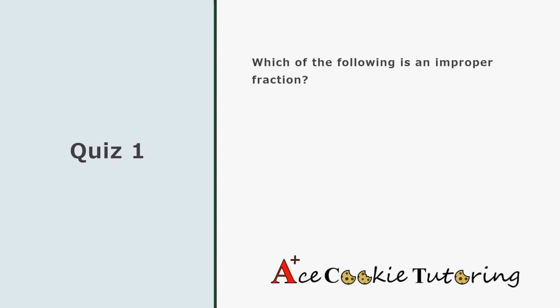Our choices are 1/7, 2/5, 9/2, and 5/6. Take a minute, or maybe just a few seconds, and decide A, B, C, or D: which of the following is an improper fraction.